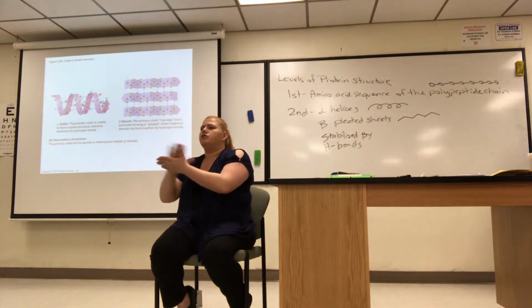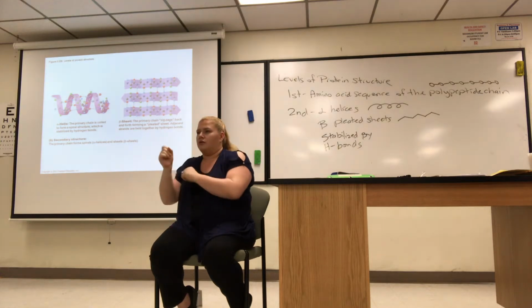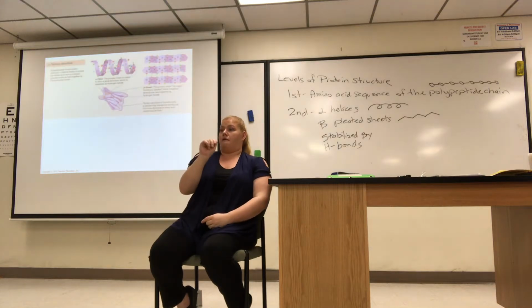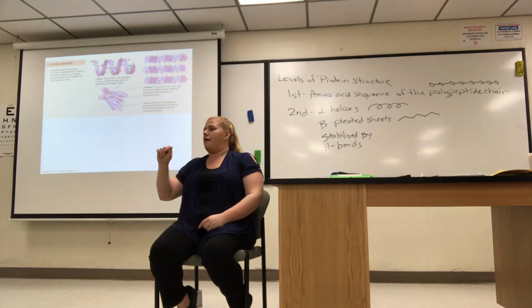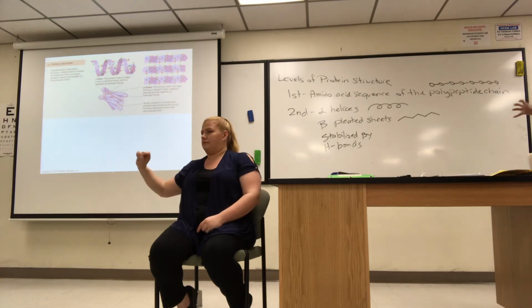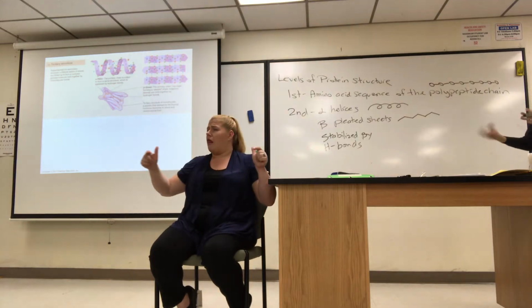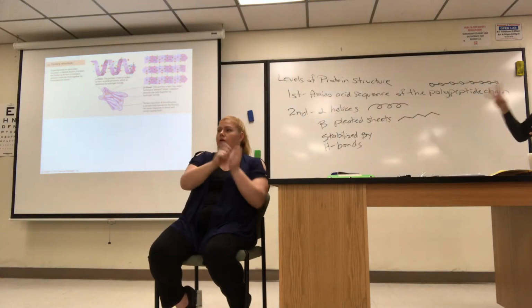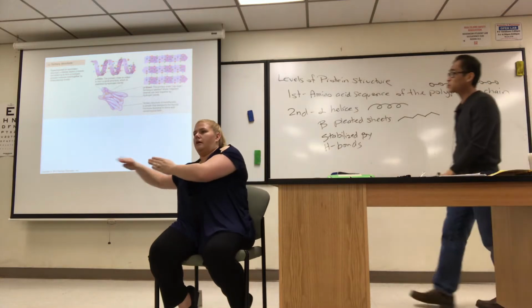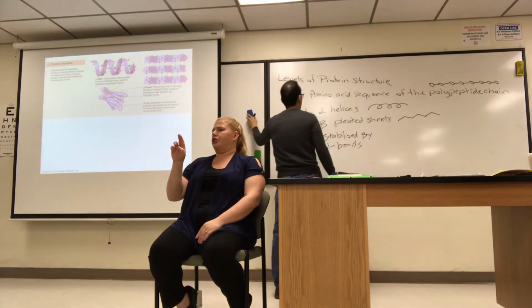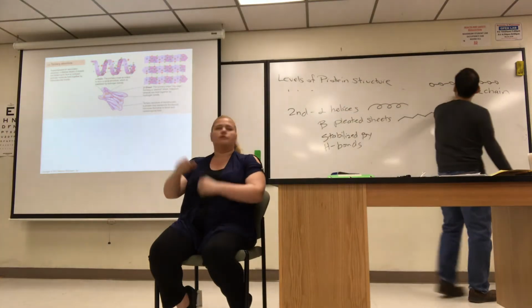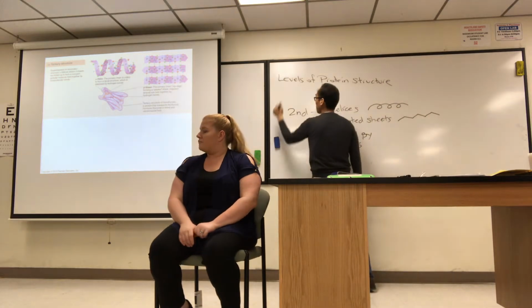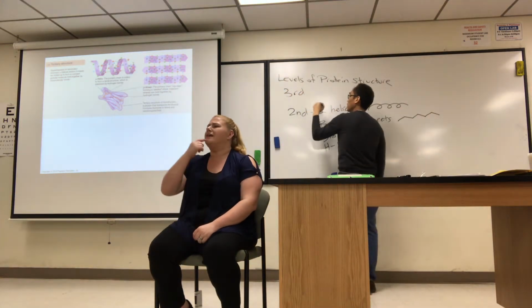And so the sequence can fold one way or the other into either a beta pleated sheet or alpha helix. And this polypeptide chain is really long, and it could be a series of helices and beta pleated sheets in a row. That's the third level of organization, the tertiary structure. I'll put third instead of tertiary.